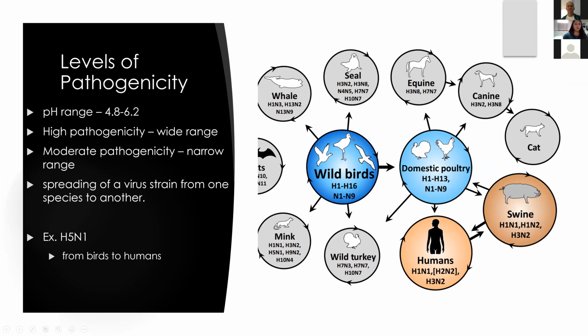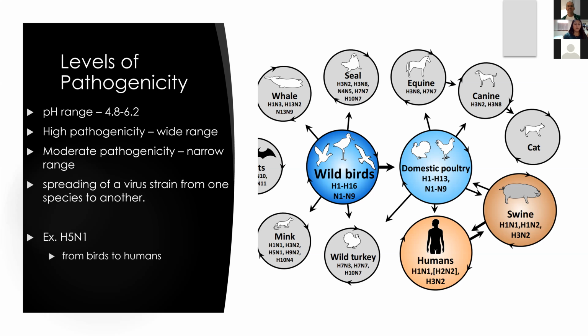There are different levels of pathogenicity, and this relates to how pathogenic the virus is and its ability to spread to different species. The typical range of pHs is 4.8 to 6.2. Highly pathogenic viruses have a wide range, so they're better able to spread to different species, and moderate pathogenicity has a narrower range.